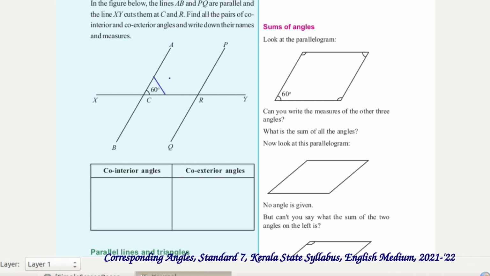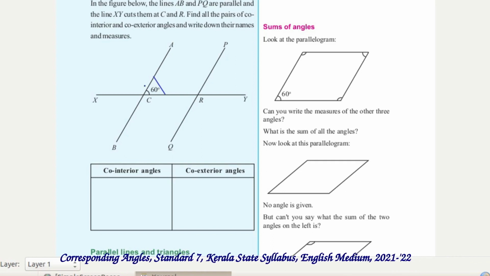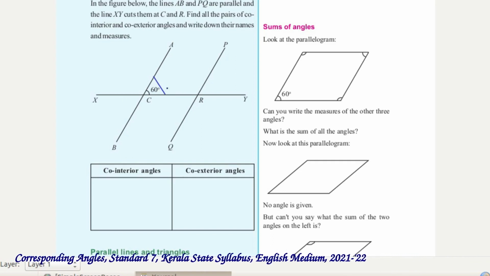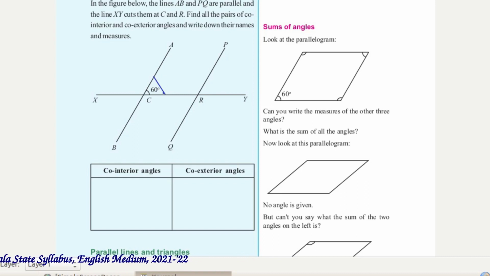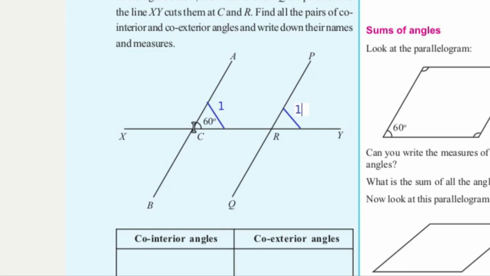This one is angle ACY. This angle is 60 degrees. My question is, where do you see an angle exactly in the same position? It is simple, here it is. So this is a pair of corresponding angles number 1.